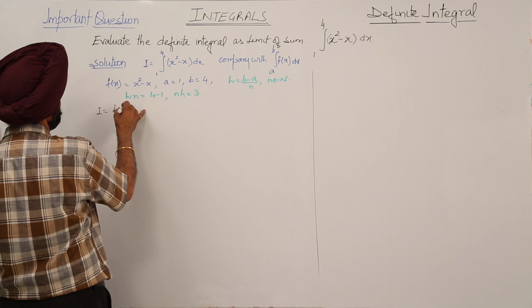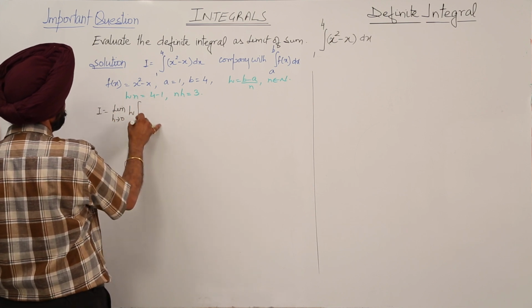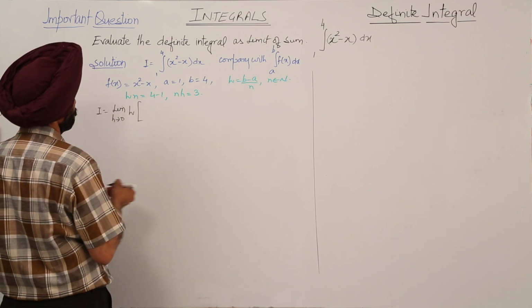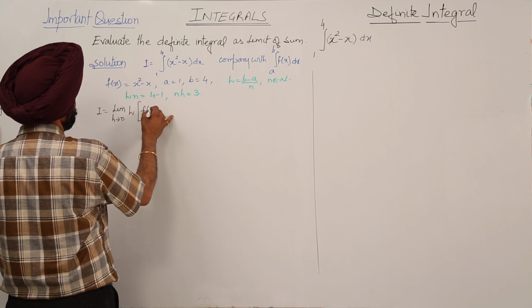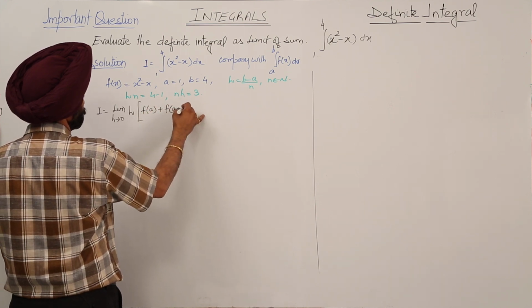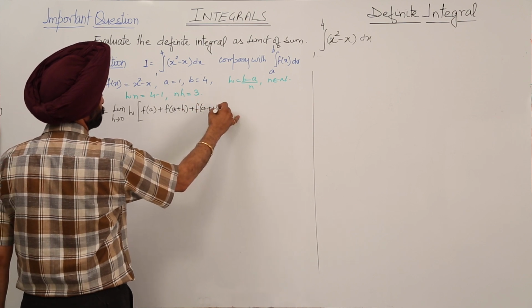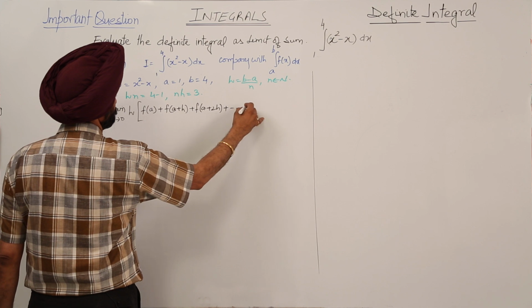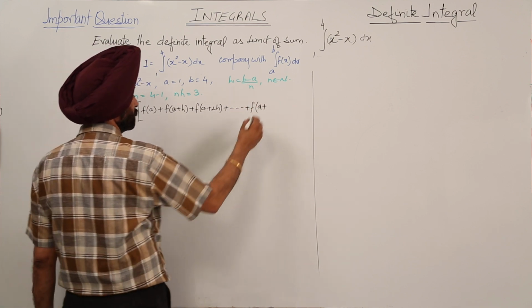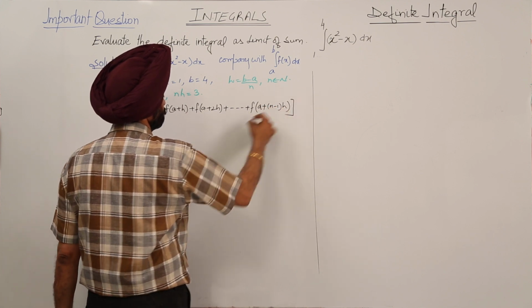Limit h approaches to 0 of h times f(a) plus f(a plus h) plus f(a plus 2h) up to f(a plus (n minus 1)h).